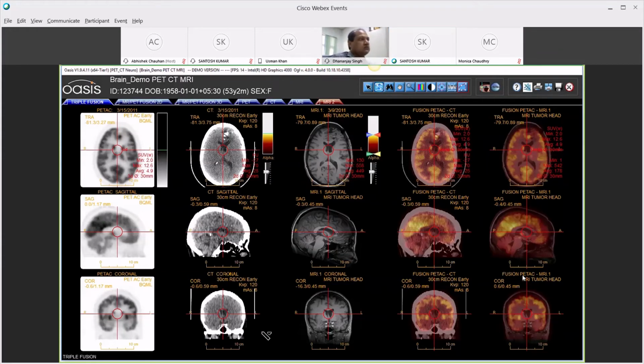There has to be some option where we can fuse two different modality images. Even the ultrasound, if we take the volume of the ultrasound, that can be fused with the PET CT also.